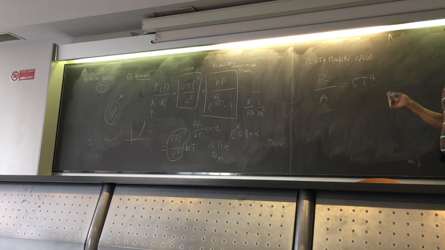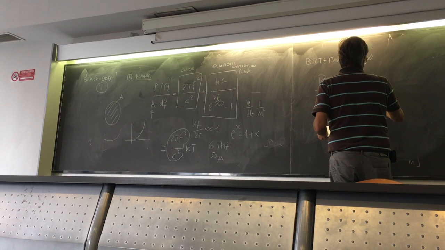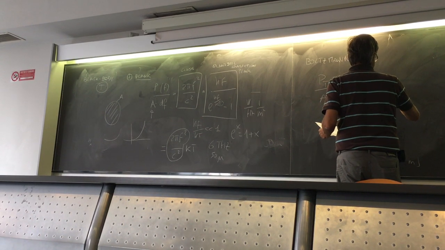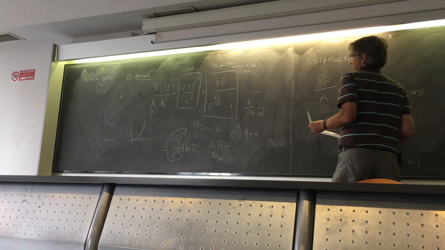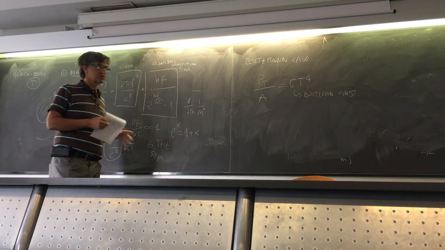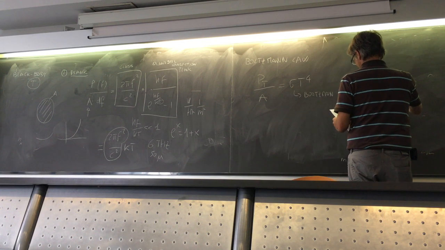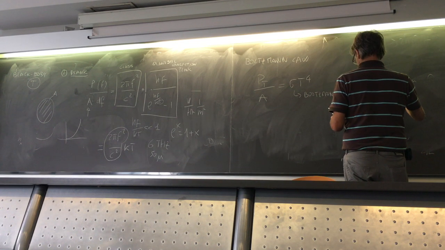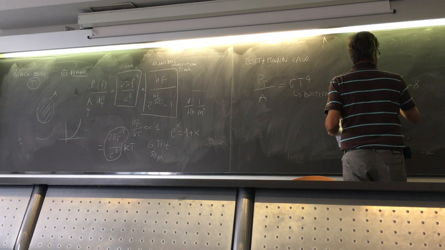The power increases very much with the temperature. And the sigma is, of course, the Boltzmann constant. And it just comes from the integration of this over all the frequency. And the constant is this value.